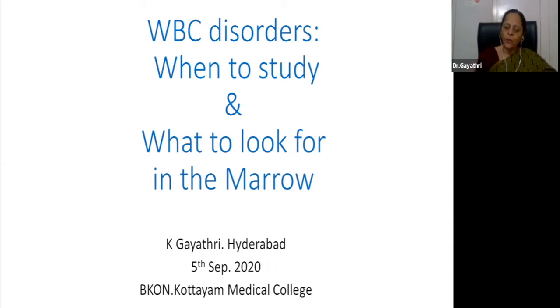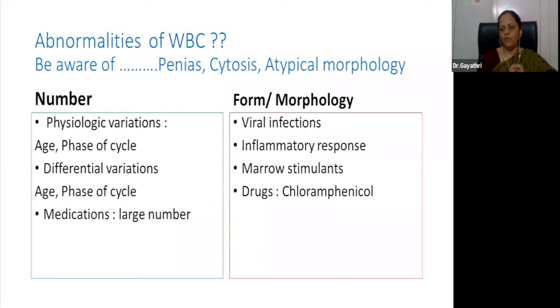So now in this session, we are going to look at WBC disorders, how they should be handled, what should be done. Should a marrow be done when we see WBC abnormalities on the peripheral blood? If a marrow is done, when should it be done? And when done, what should we look for? So this will be the goal of this session.